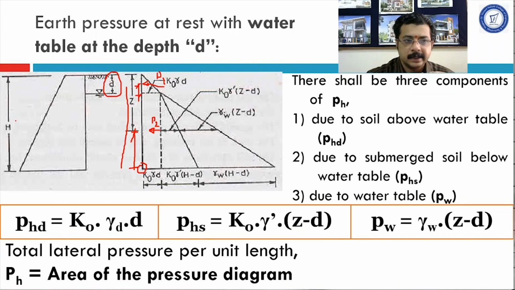It means capital H minus d divided by 2. In this way we will calculate the lever arm for P2 and thereafter we will get the moment. So P1 multiplied by the first distance, P2 multiplied by the second distance. Two moments are ready with us.